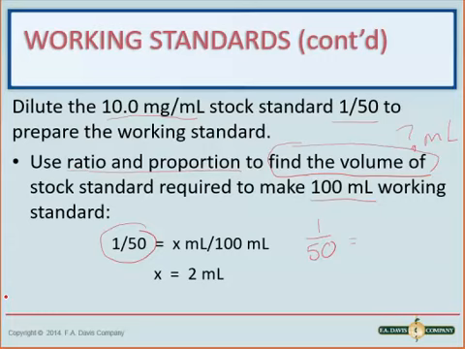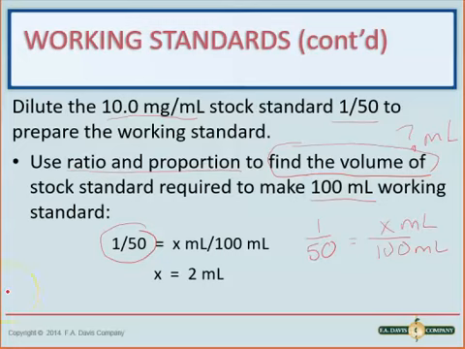And then the other half would be our milliliters. We're trying to get 100 milliliters of our working standard, and we're trying to solve for our unknown, which we're going to put as x, and again that's going to be milliliters.